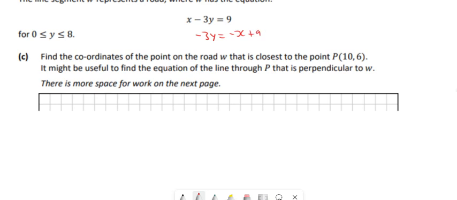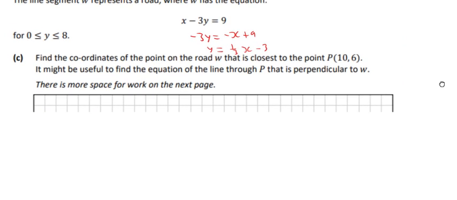And if you bring over the minus 3 and divide it, we get y is equal to 1 over 3 x minus 3. So I'm just rearranging that into the form y is equal to mx plus c. So the slope of that line is 1 over 3.